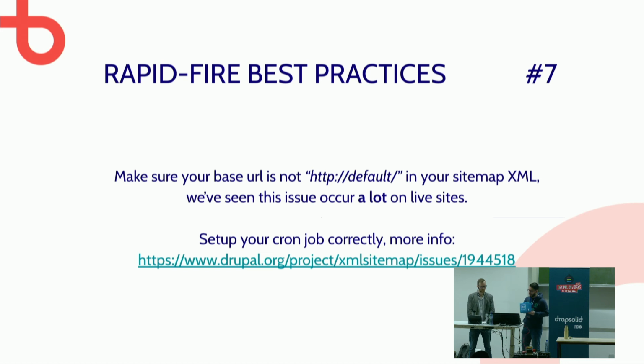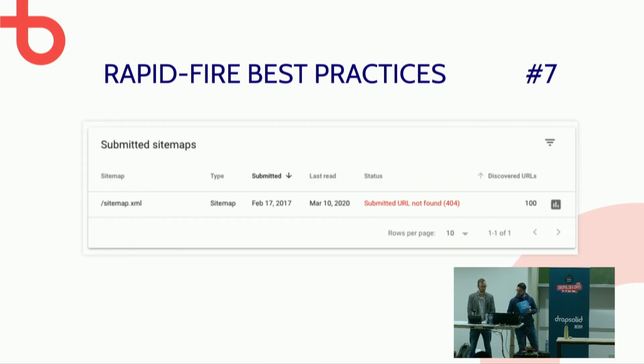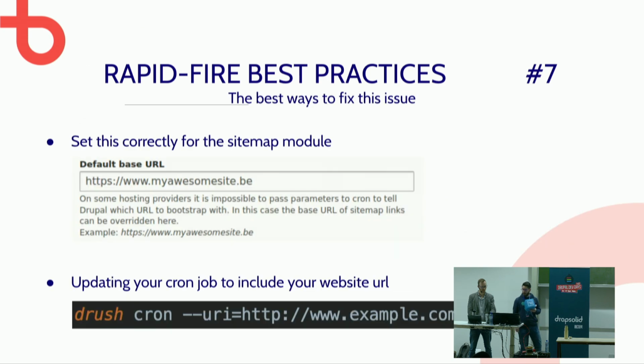Also make sure your base URL is not HTTP default in your sitemap XML. So just have a look at your sitemap. Is it the correct sitemap? Normally, this should be correct with the latest sitemap modules. You can also see this in Google Search Console. But if it's not correct, then you can set the default base URL in the sitemap module, or also pass the URL with Drush.